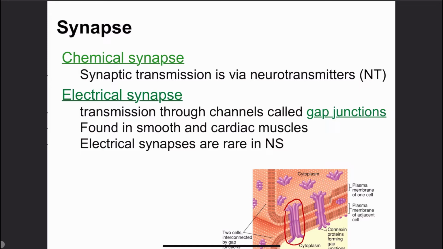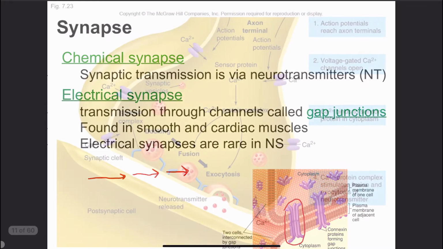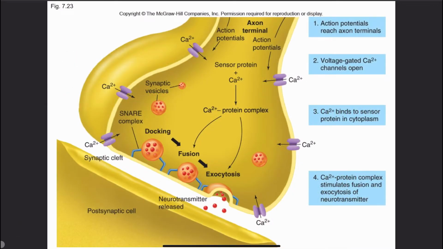So these are cells that are going to propagate action potentials to cells right next to them. These would be found in smooth and cardiac muscles. We're going to spend most of this time talking about chemical synapses.